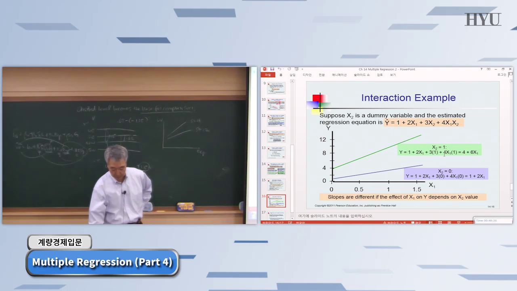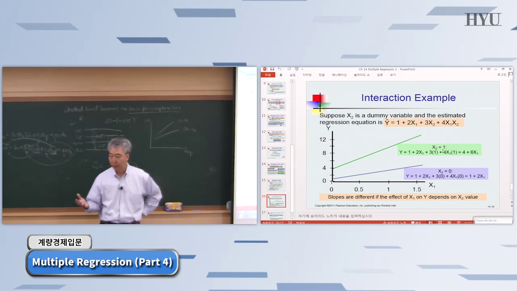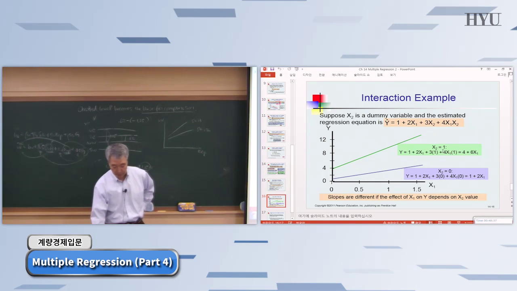If x2 was 1, just like, well, let's say x2 was gender. So 1 means male, 0 means female. Then if x2 was 1, then we have this equation, beta 1 plus beta 2 x1 plus beta 3 plus beta 4 x1, which is beta 4 plus beta 6 x1.